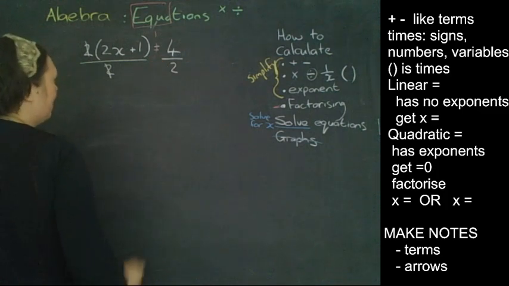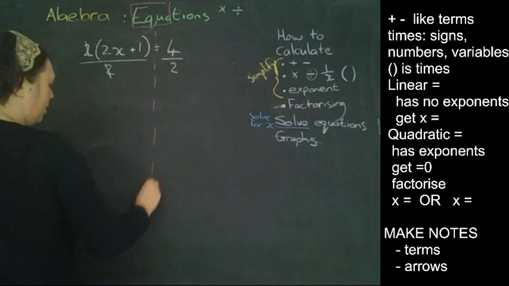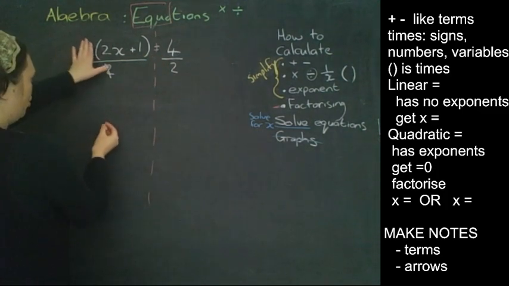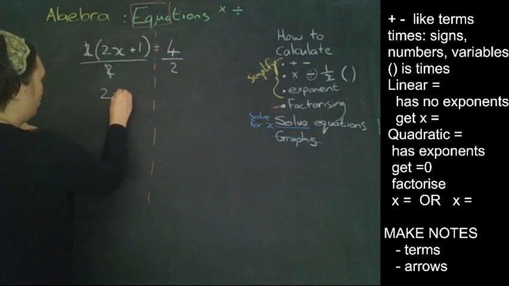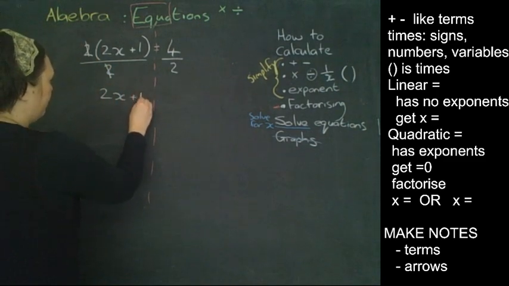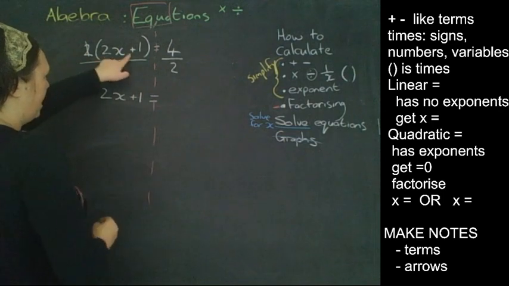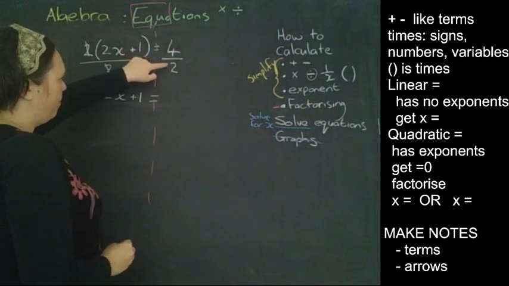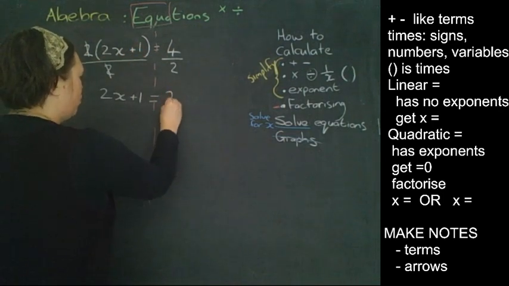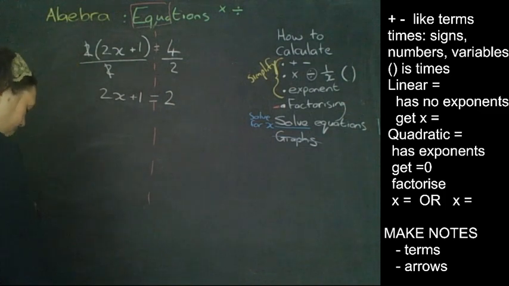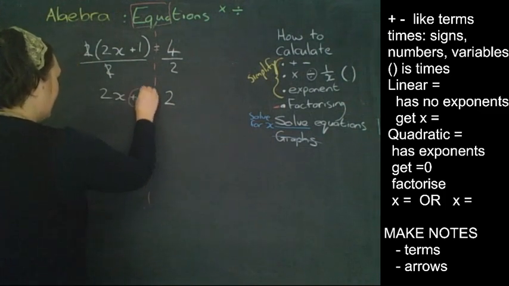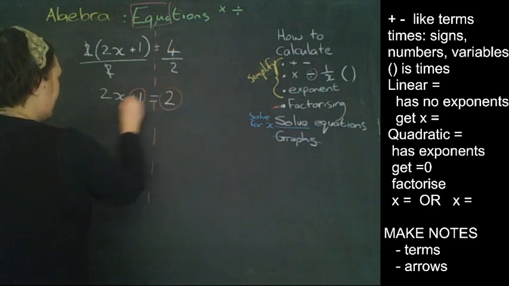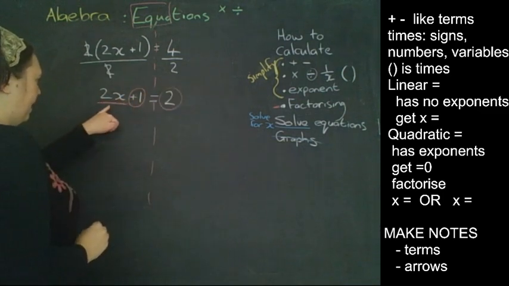Then we've got left, so this 2 is gone. So we've got 2x plus 1, and on the other side we've got 4 divided by 2, which is 2. Now we've got the 1 here, numbers, and x's.